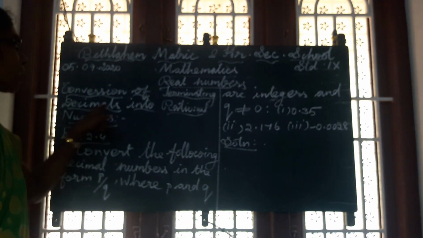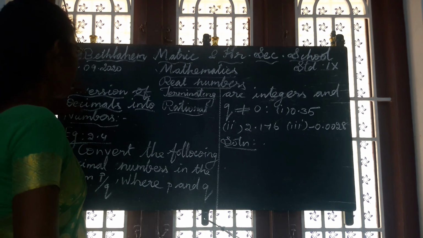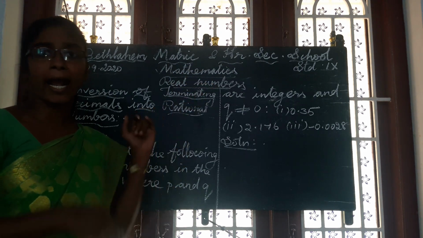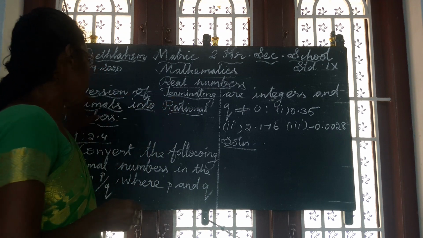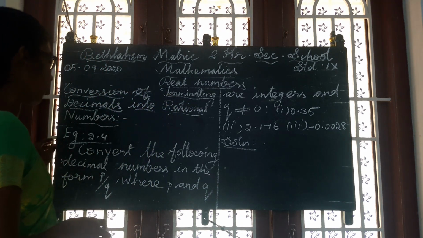First, conversion of terminating decimals into rational numbers. Already you know that decimals are of two types: terminating decimals, and non-terminating and recurring decimals. Now I am going to teach converting terminating decimals into rational numbers.